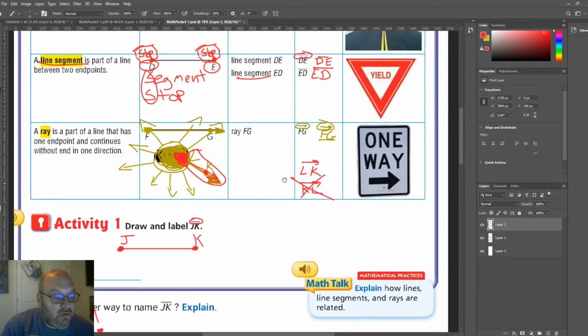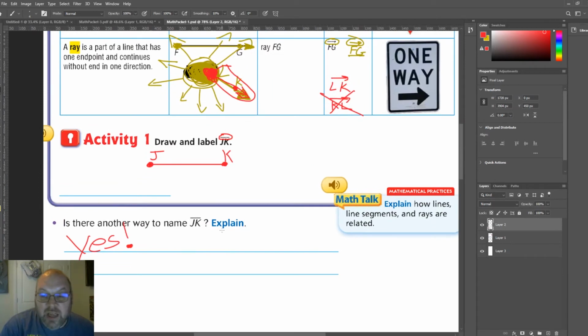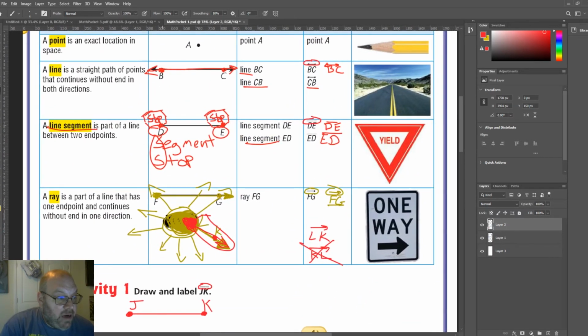The rays are the only ones we can't flip-flop the letters. So yes, there is another way to name JK, and it is line segment KJ. Do you see that? Like from up here, line segment DE can also be line segment ED. Good.